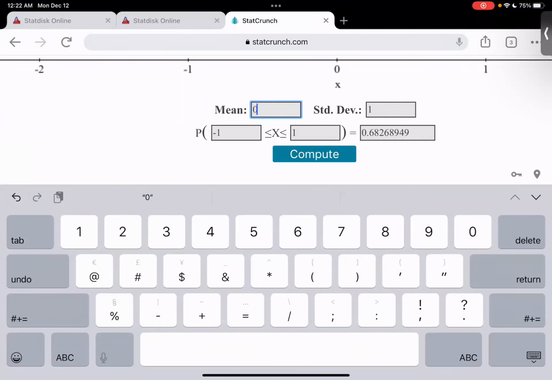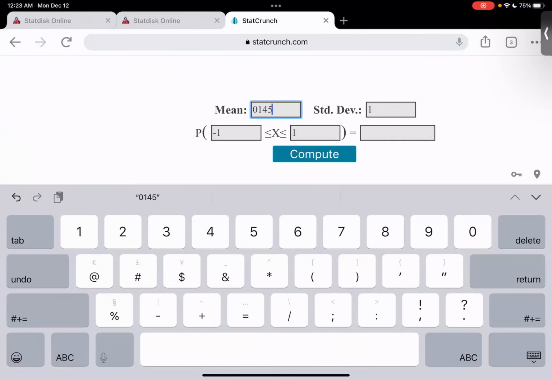We have mu equal 145, and we have sigma equal 10.4283, and we have our x between 151.5 and 152.5, right?